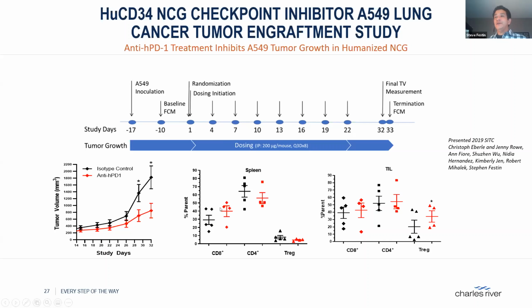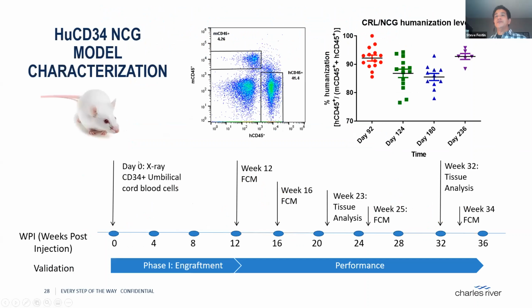Looking back, it was our initial characterization of these models, which were ongoing and carried out to 34 to 36 weeks. So this is a bit of a time sequential representation. We had done some of those studies, but we were also characterizing the humanization over time. We see sustained humanization throughout the course of this study.